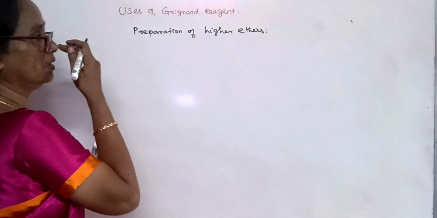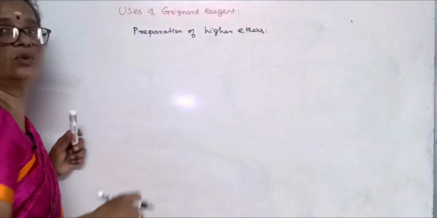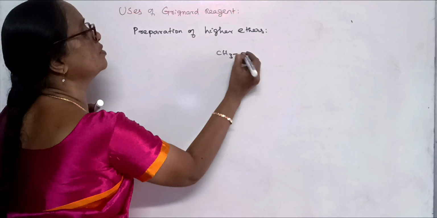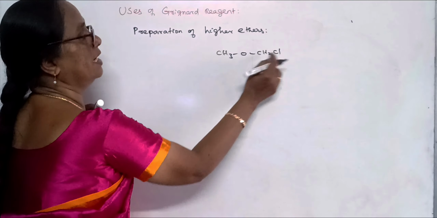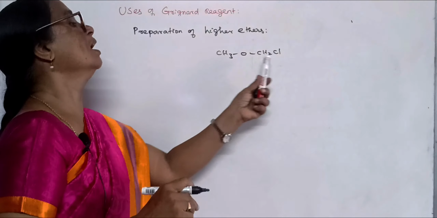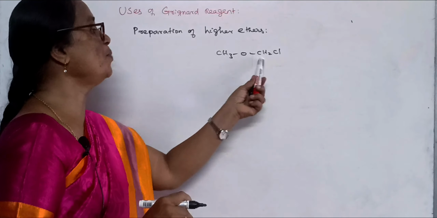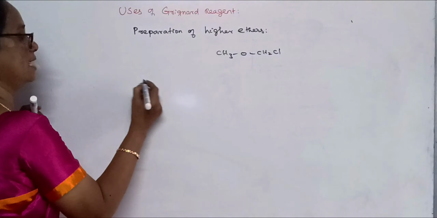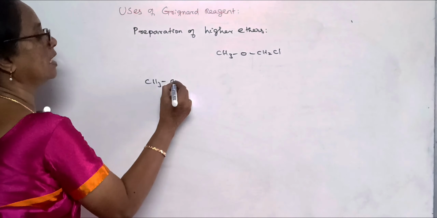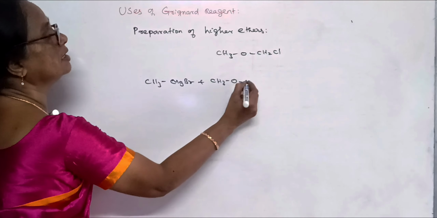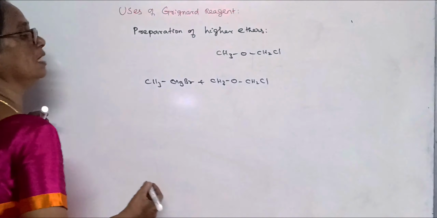Preparation of higher ether. To prepare higher ether, we have to take a halogen substituted ether. One of the halogen substituted ethers we can find is CH3OCH2Cl, that is chlorodimethyl ether, or we can say chloromethoxymethane. Let us take this compound, CH3MgBr plus CH3OCH2Cl.